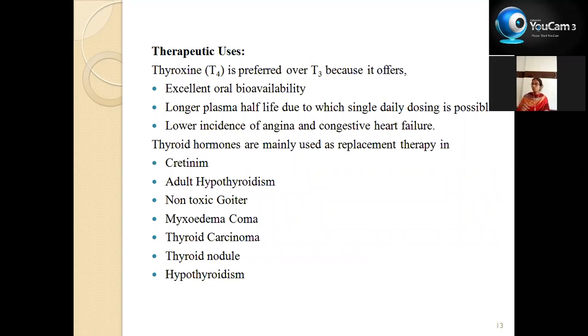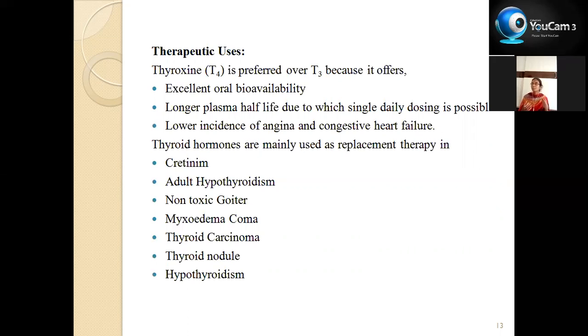Next, uses: thyroxine is preferred over T3. Thyroxine is the T4. T4 is more preferable than the T3 because of its excellent oral bioavailability and longer plasma life, due to which a single daily dose is possible.